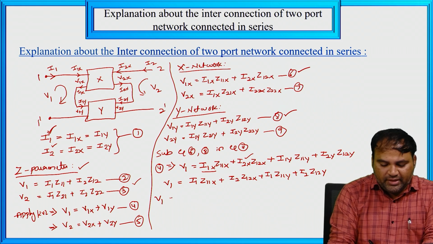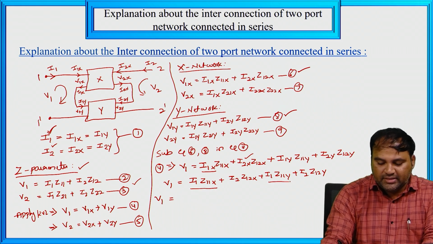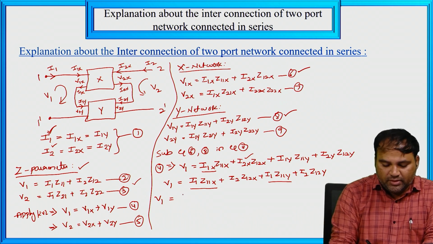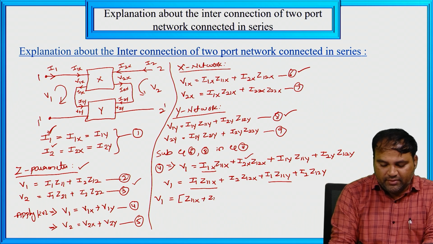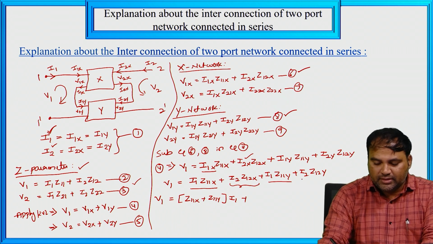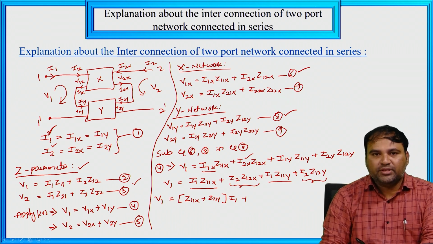Now V1 is equal to I1 Z11x, I1 Z11y. In this equation I1 is the common term, so it is (Z11x plus Z11y) into I1, plus I2 into Z12x and I2 into Z12y.